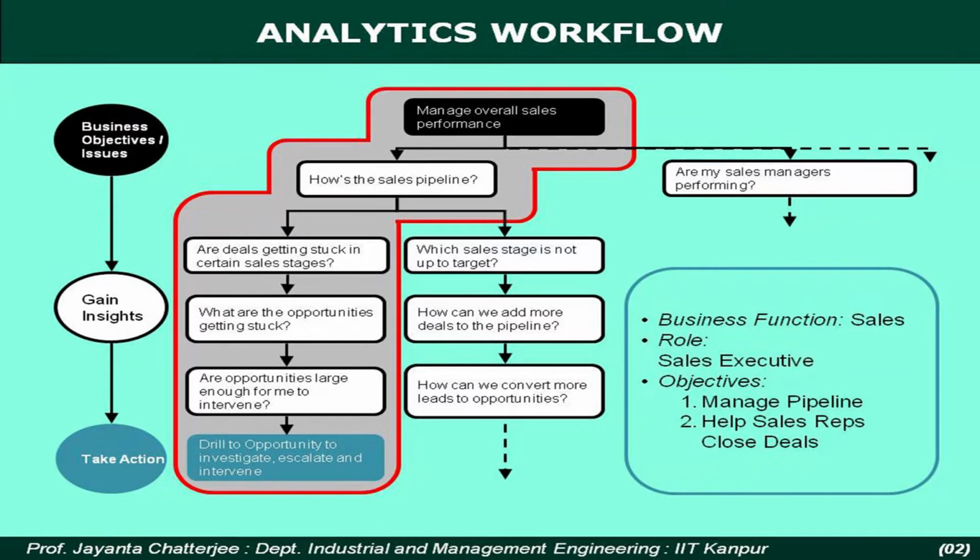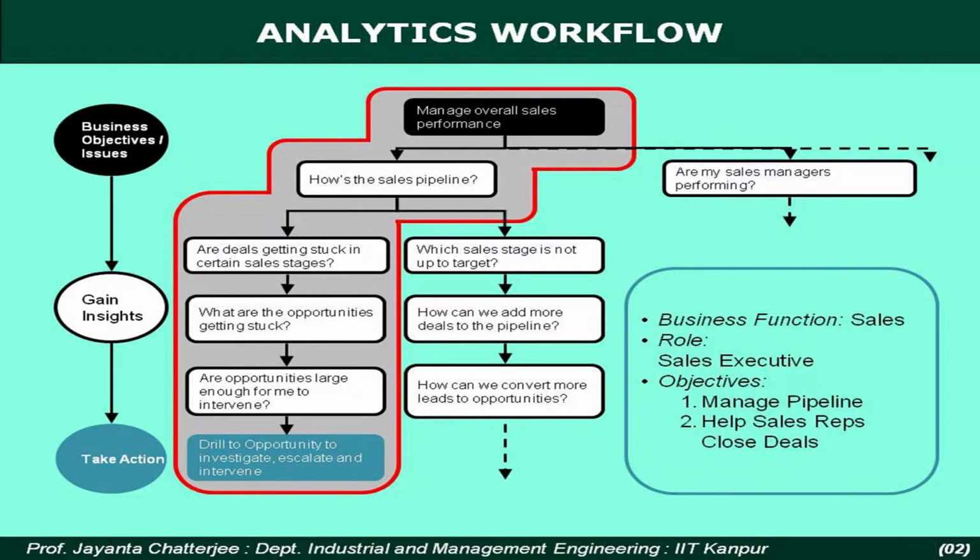That means what kind of sales pipeline has been created, and how is the sales pipeline in quantity as well as quality. That means, say, how many proposals have been made, how many proposals are outstanding, because the number of proposals and the number of orders have a direct correlation. More proposals made means there are more potential sales. So we have to look at the quantitative as well as the qualitative aspect of the sales pipeline.